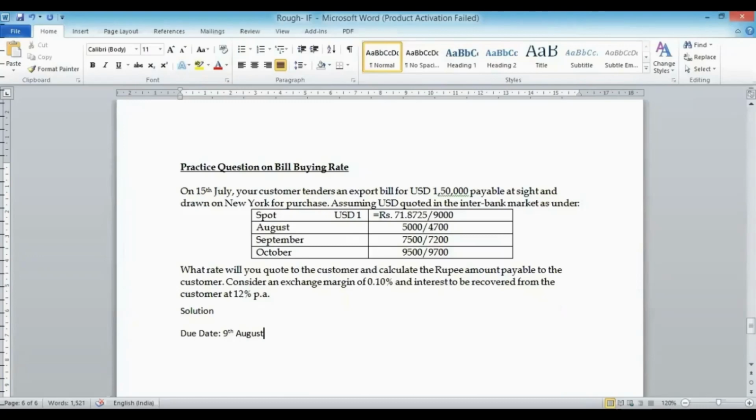So for that loss, for that risk expected, the bank is going to charge the exchange margin. That is why exchange margin has to be considered.